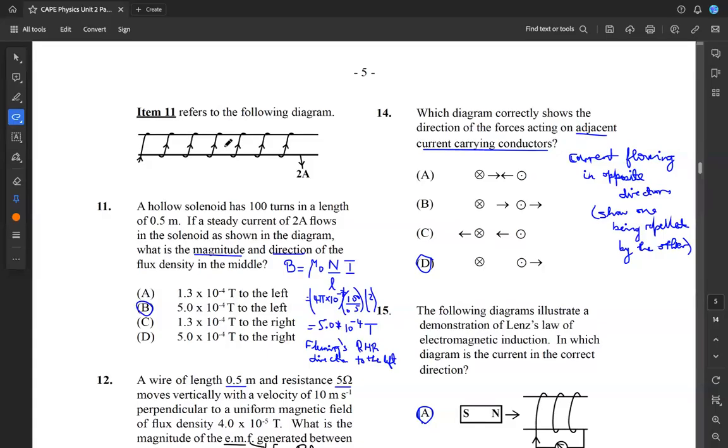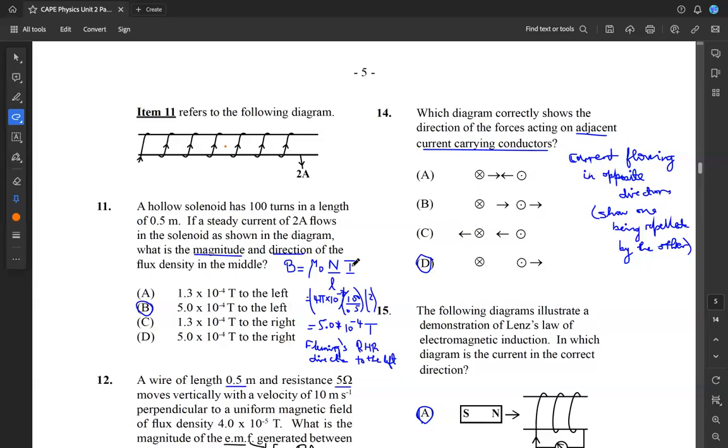So you want to know the flux density in the middle of this coil. The formula for a coil with a certain number of turns and a length is that the flux density B is equal to mu naught times the number of turns per length times the current flowing through that solenoid. So this is our go-to formula here.